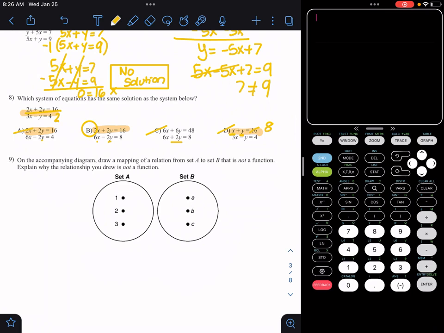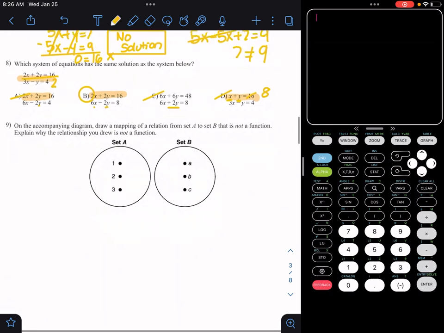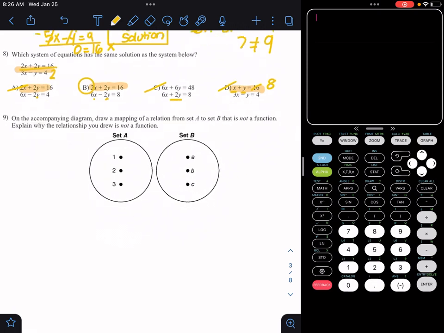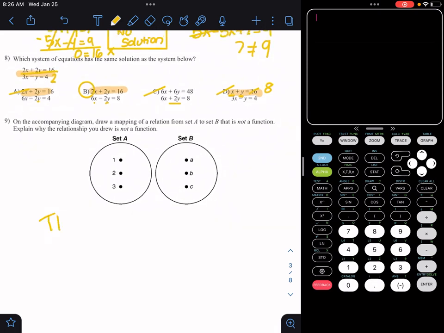Number 9 says, on the diagram below, it's a mapping diagram, and they want us to make something that is not a function. For something to not be a function, I'll say, this is not a function. I didn't even draw it yet, but I'm just already writing what I'm going to need to write.